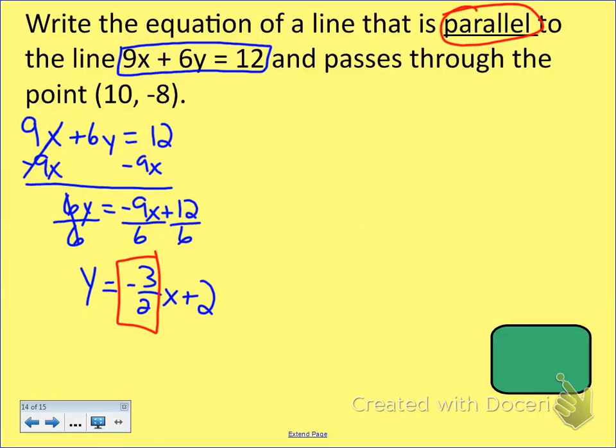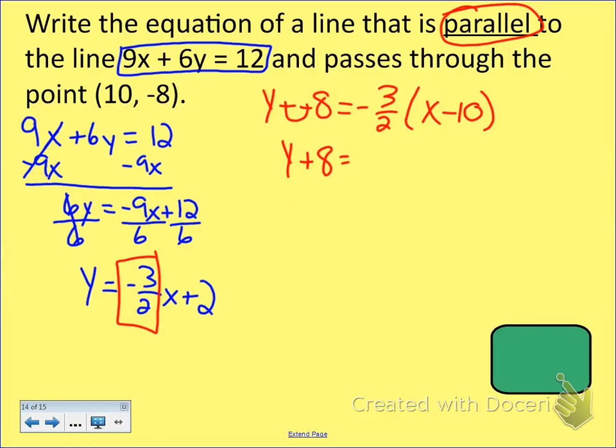And again, we're going to go back to our good friend, the point slope form, to plug it in to find our equation. So y minus negative 8 equals negative 3 halves times x minus 10. Negative negative 8 becomes plus a positive. So y plus 8 equals, we distribute out the negative 3 halves.